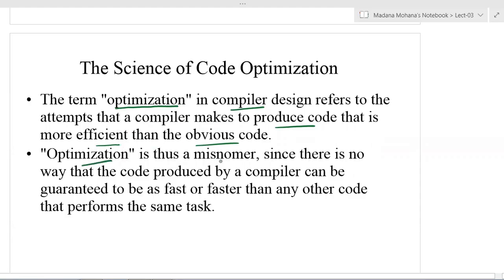Optimization is thus a misnomer, since there is no way that code produced by a compiler can be guaranteed to be as fast or faster than any other code that performs the same task.